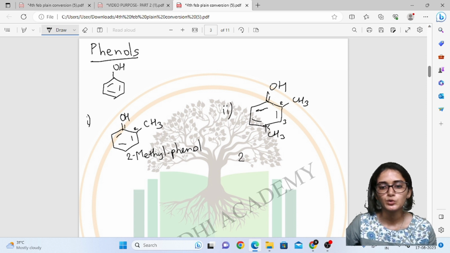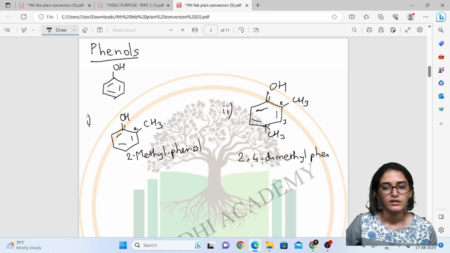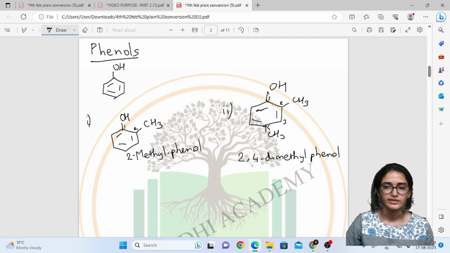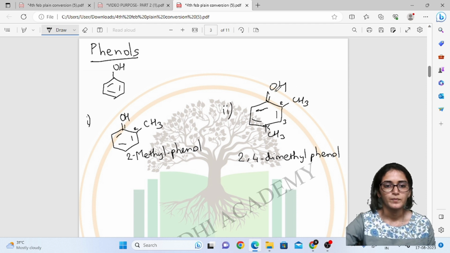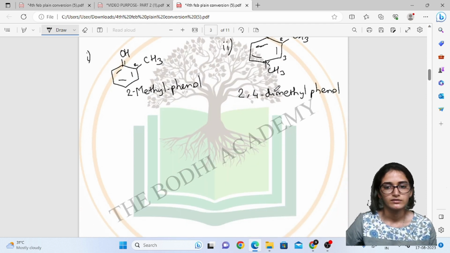It will be 2,4 dimethyl phenol. 2,4 dimethyl phenol. Okay, now this is also called ortho methyl phenol, because the methyl is present at the ortho position.